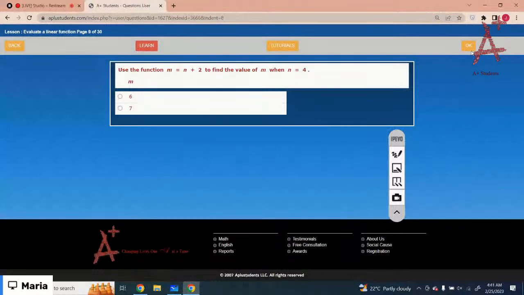Okay, the next one is use the function m equals n plus 2 to find the value of m when n equals 4.